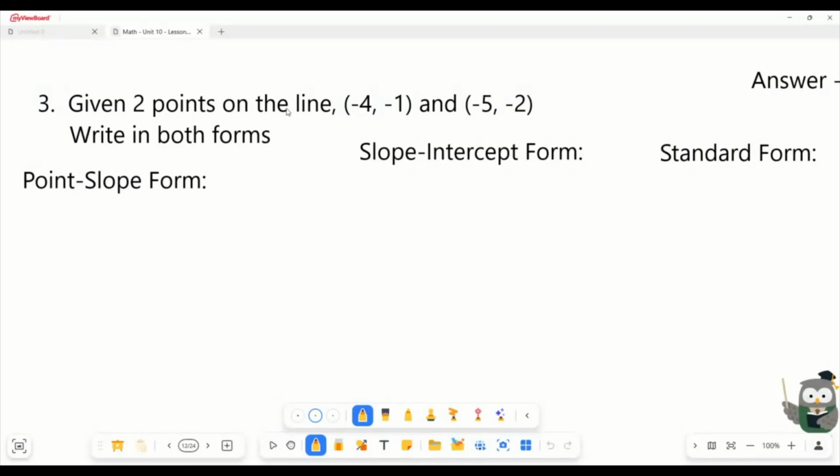Given 2 points on the line, I don't see that it says slope is.